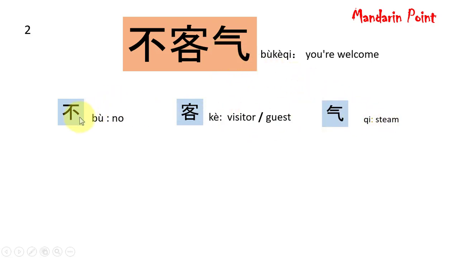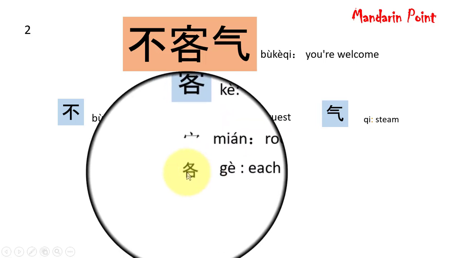This bu is very simple to derive from basic strokes, and this one is ke, it can be derived further. At the top of it, it is actually mian, which means roof, and this one is composed of ge, which means each. So you can get the idea of the pronunciation of this ke from this ge, and this ge can further be decomposed.